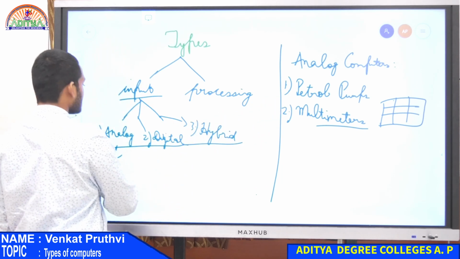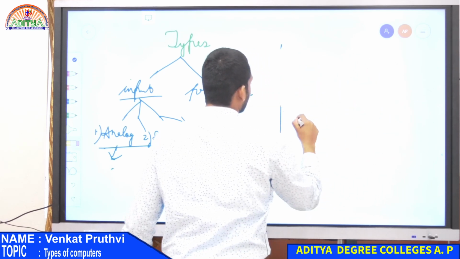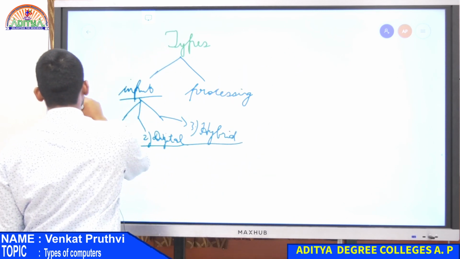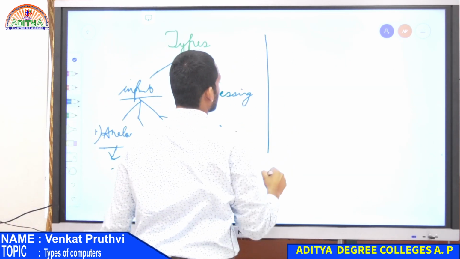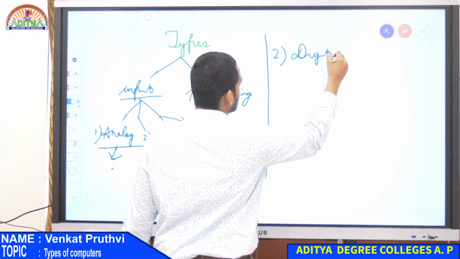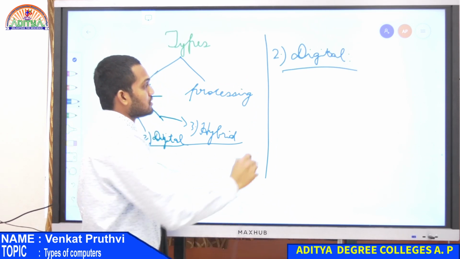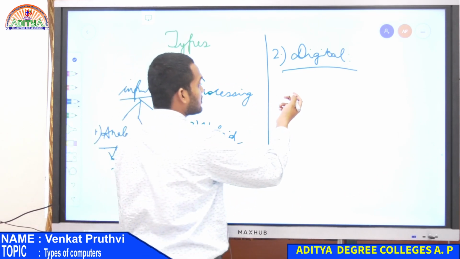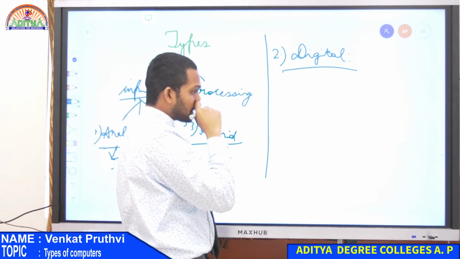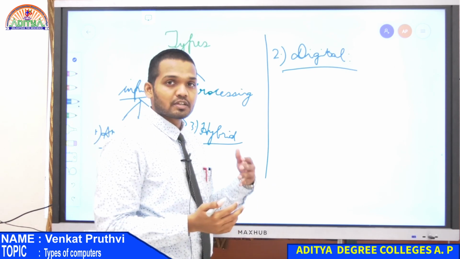And then we have digital computers. What do you mean by digital computers? These are the computers that we are using in today's world, used for data processing, whatever data we want to process or store.